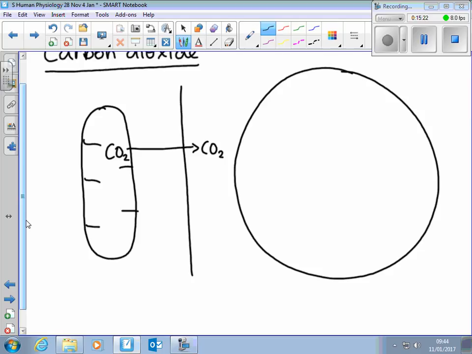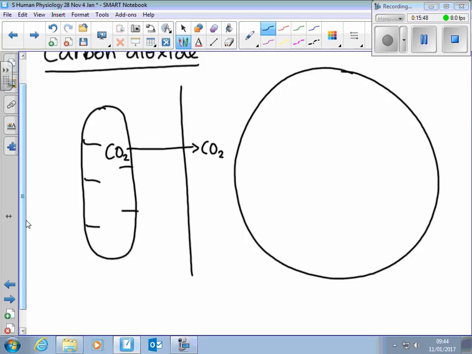The 10% that travels in the red blood cell attaches itself to hemoglobin, and it produces a compound with one of my favourite words as a name. If you look at it there, you've got HB, NH, COOH. The NH is an amino group, and the name of that compound is carbaminohemoglobin.